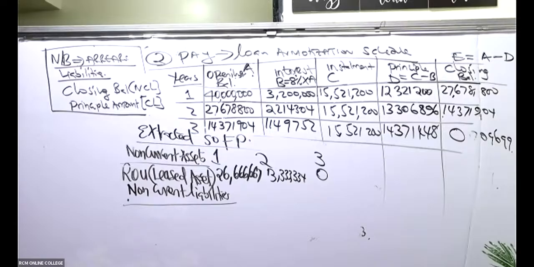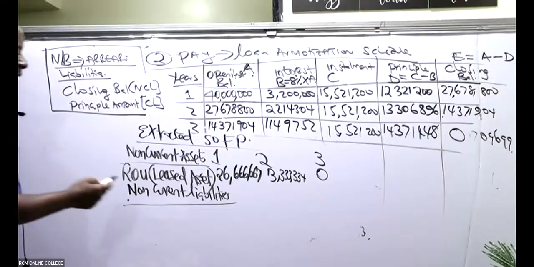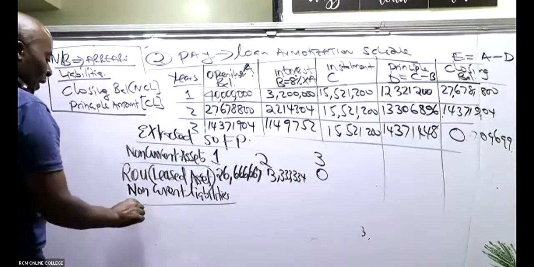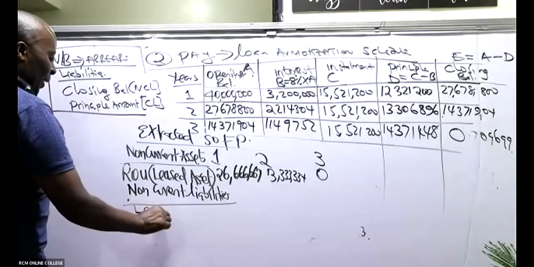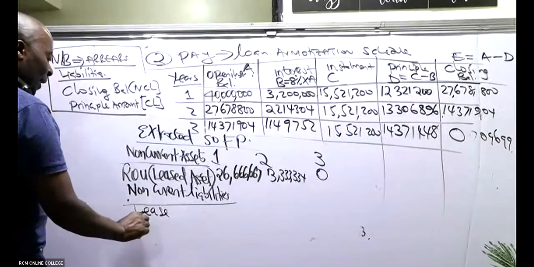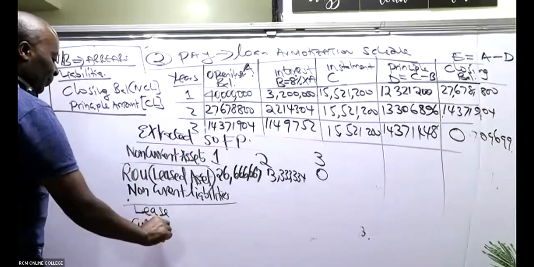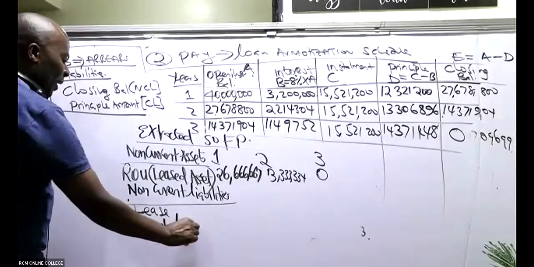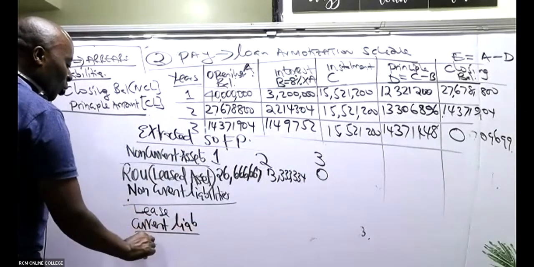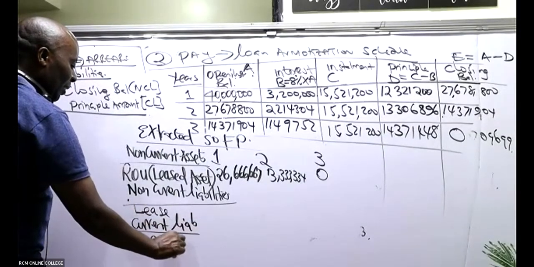Now that you have written it that way, under non-current liabilities we have lease. You will simply write lease. And also under current liabilities, you shall also write lease.